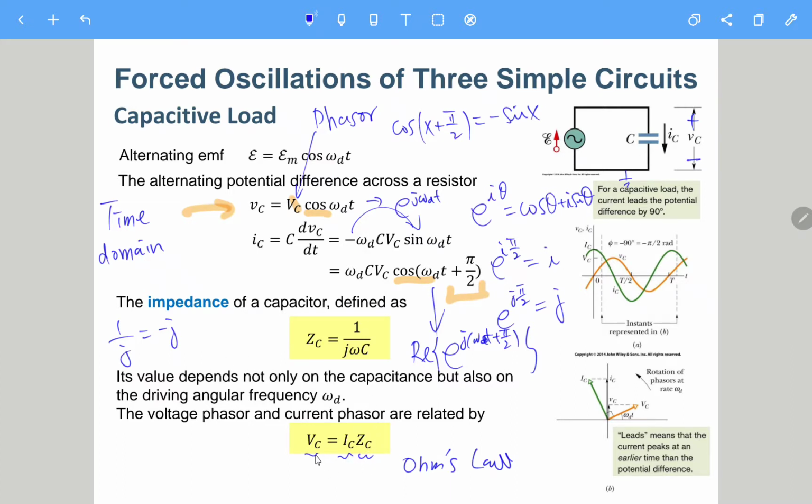After multiplying together, it just looks like Ohm's law, V equals IR, but here the R is generalized to be the impedance. The impedance, in Chinese, is called 阻抗. Okay. So this is the impedance of the capacitor, and it makes this look like Ohm's law.